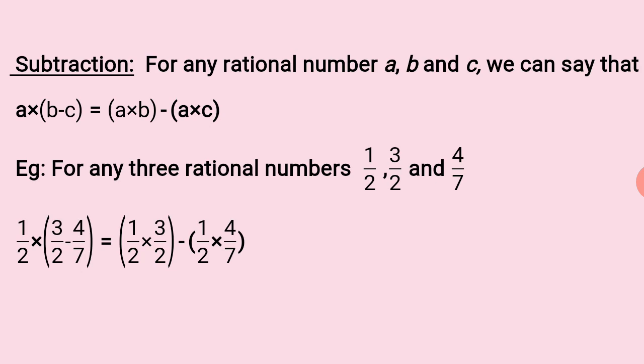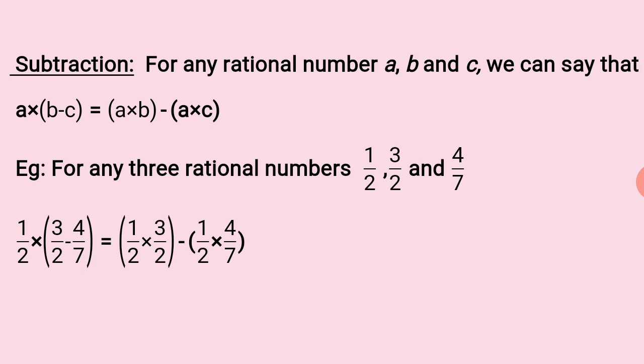So a is first multiplied by b and by c, then with a minus sign in between. Again one example is put up over here. You substitute the values. It is already being shown here on the screen. So if again you solve the LHS and RHS separately, you will get them to be equal. So this is all about distributive property.